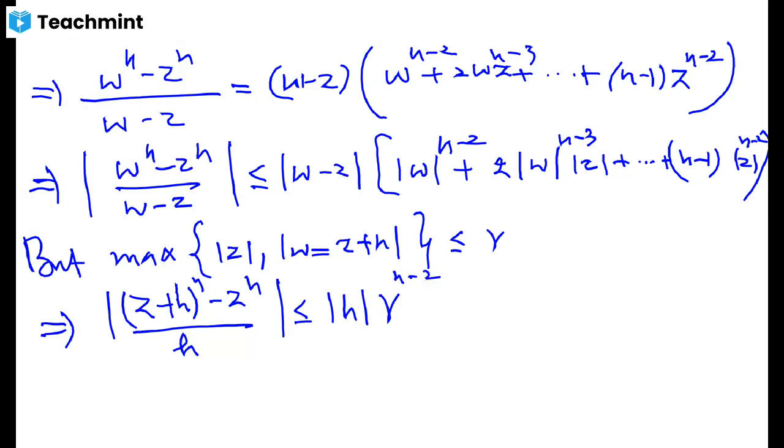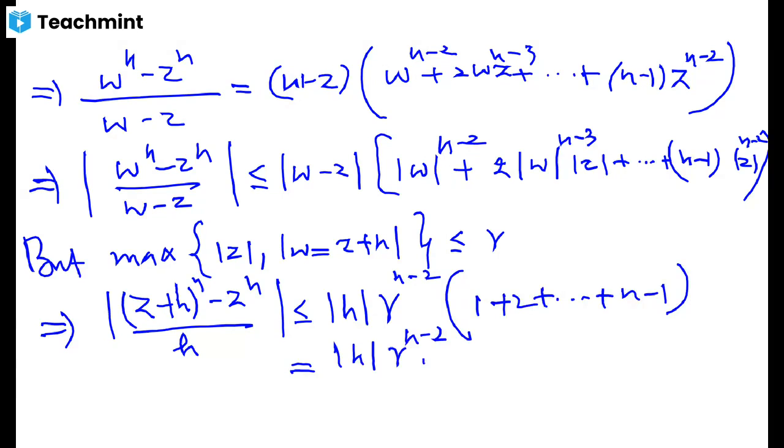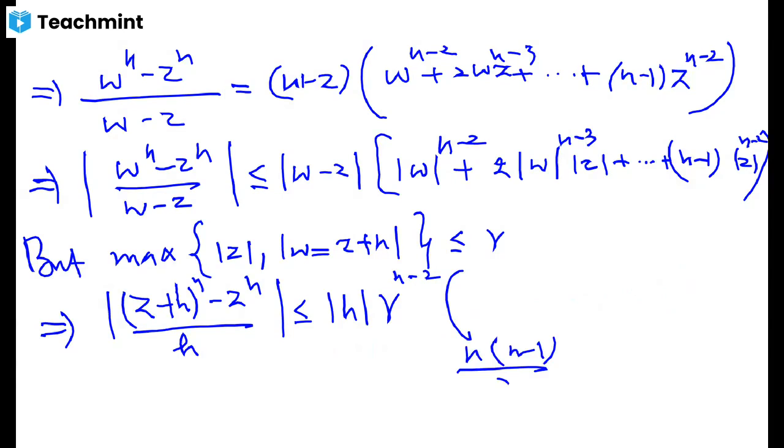Everywhere you replace mod w less than or equal to r and mod z less than or equal to r, so you will have a power of r equal to n minus 2. Inside the bracket you are left with 1 plus 2 plus so on plus n minus 1, so this is equal to mod h times r to the power n minus 2 into n into n minus 1 upon 2.